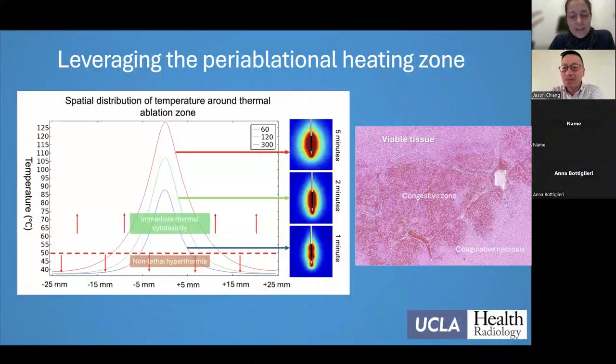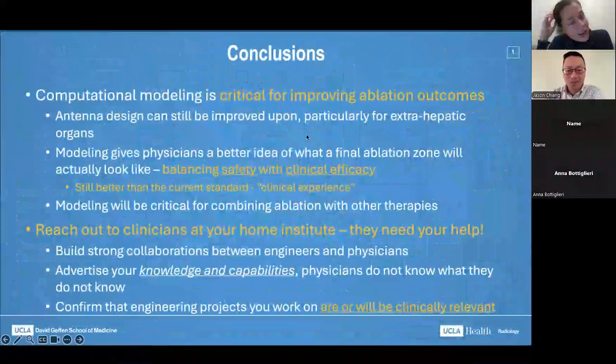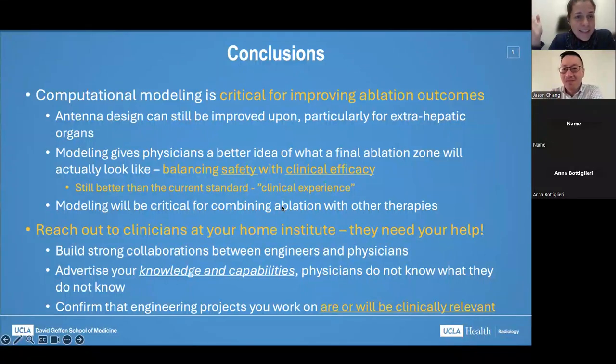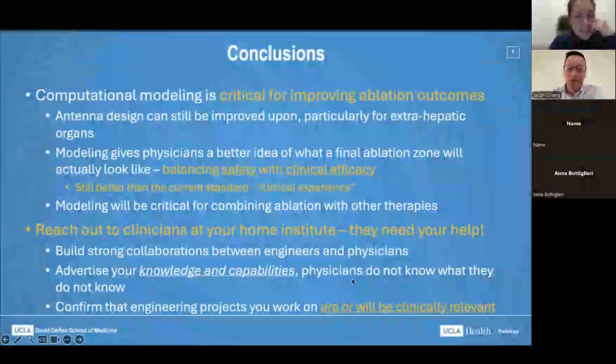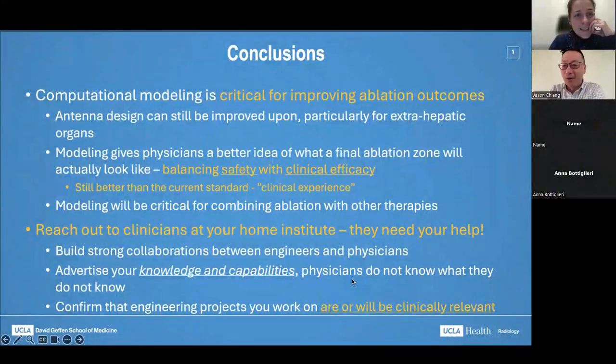We are pushing things so far, but then still those are the devices which are sold. So clinicians have this information, and it's completely crazy. Yeah, that's the issue. This is the point here about physicians not knowing what they do not know. They don't know that there's this discrepancy because most people have never done an ex vivo study or an in vivo study.